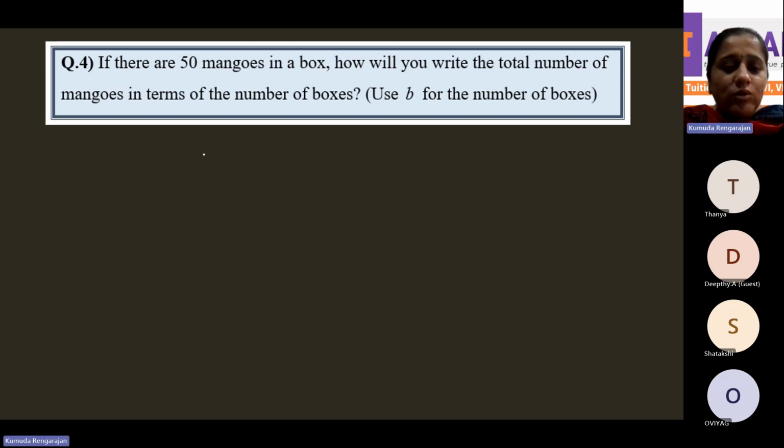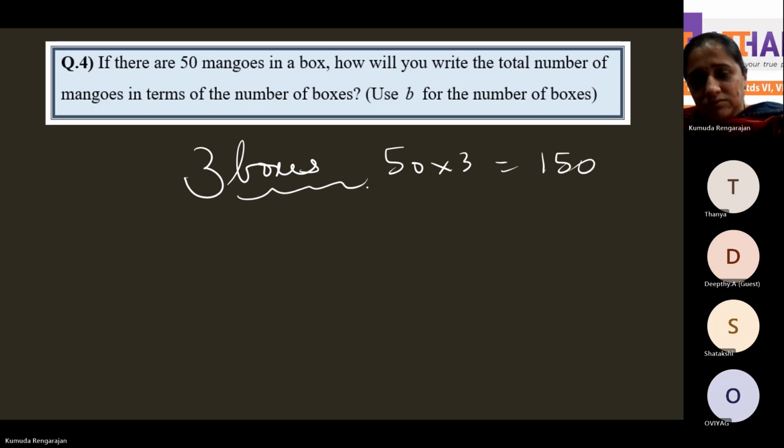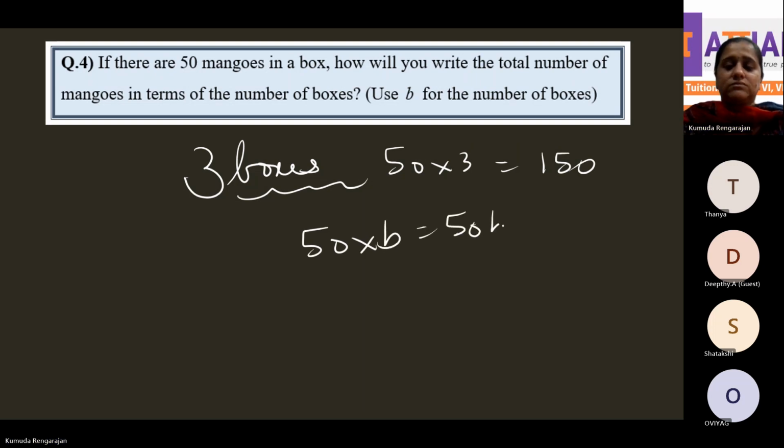Supposing you have to find the number of mangoes in 3 boxes, it'll be 50 into 3, 150 mangoes. But here the number of boxes is B. So the number of mangoes in B boxes will be 50 into B, which is 50B.